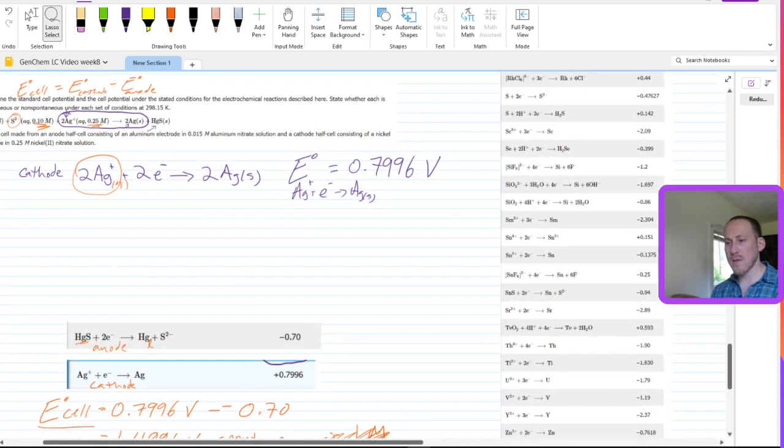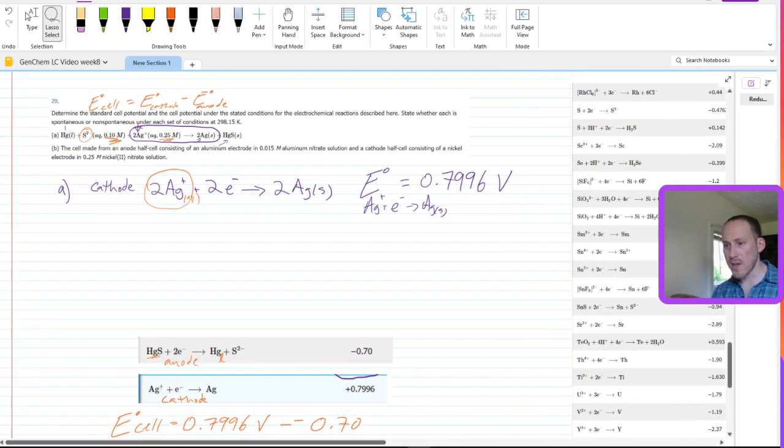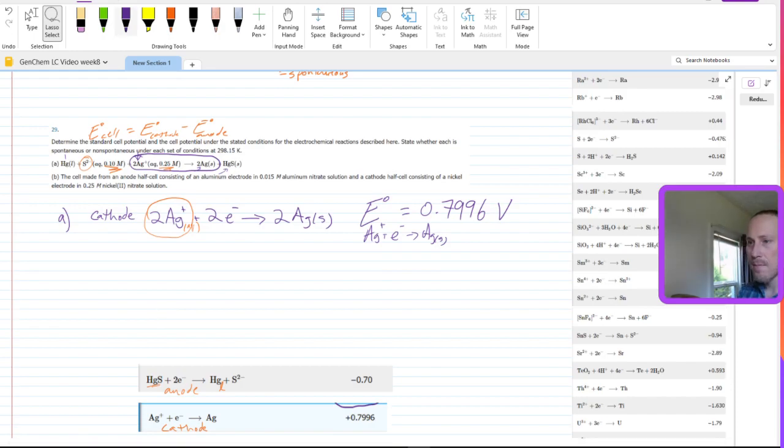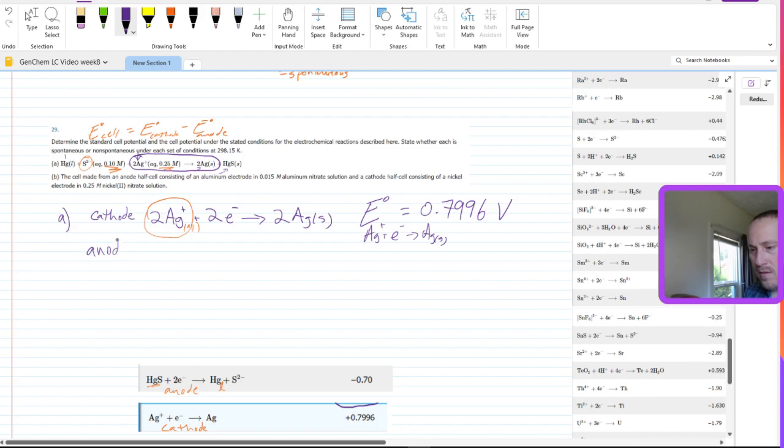Okay, so the reason I was a little confused is because I hadn't really written out the anode equation yet. It's backwards of what's written here, I believe. At the anode, what we have is that it's losing 2 electrons one way or another.